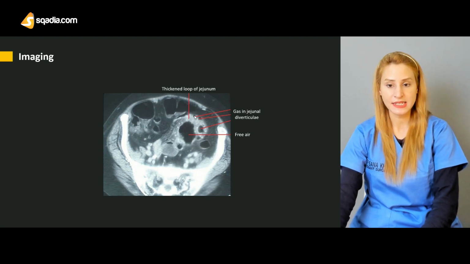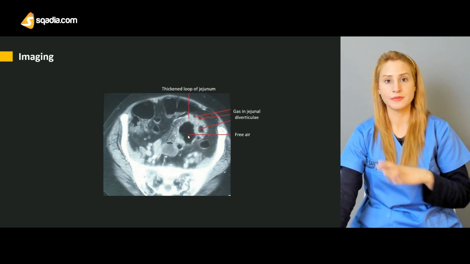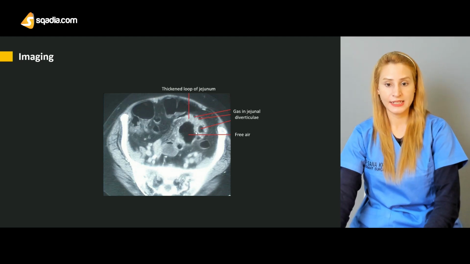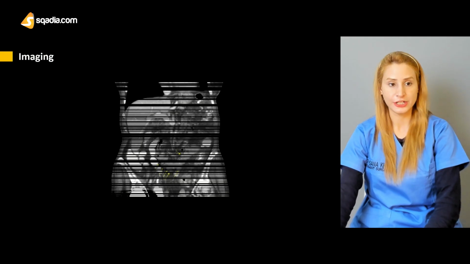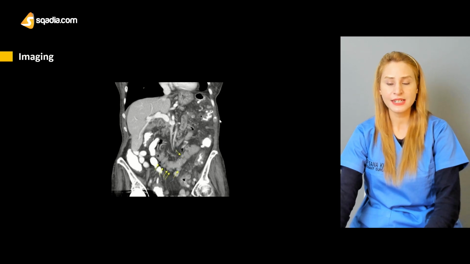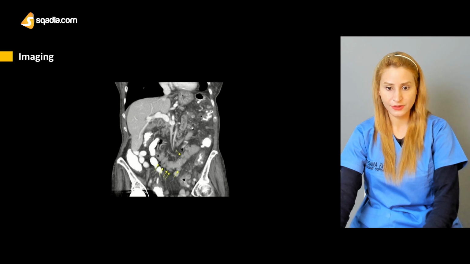This is the gas in the diverticulum, and this is the free fluid present in the abdominal peritoneal cavity, and this is part of the duodenum, the thickened loop of the jejunum. And then you can see multiple air fluid levels or gas in the diverticulum, which is showing the perforation.